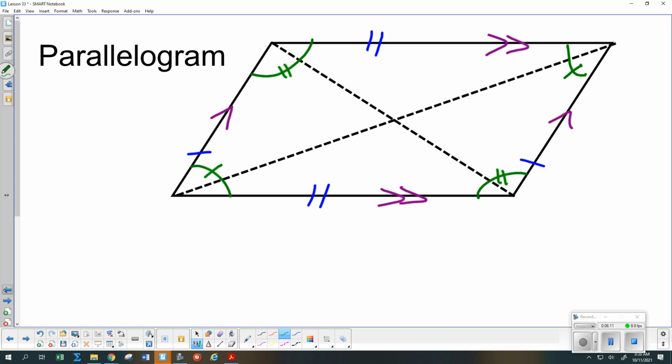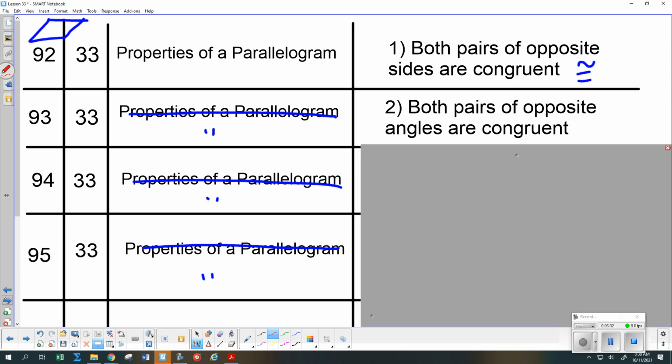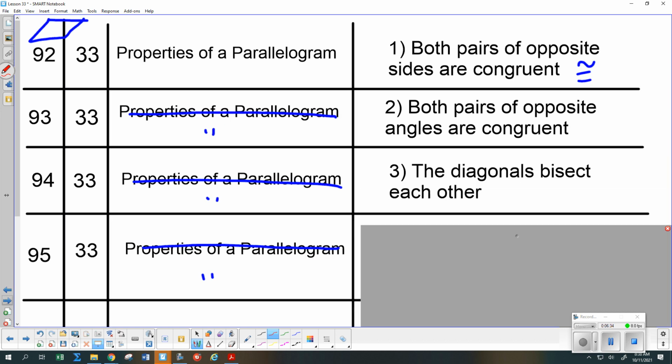They usually are not the same length in a parallelogram. However, they cut each other into equal pieces. So this piece and this piece are congruent. This piece and this piece are going to be congruent. The diagonals cut each other in half. The diagonals bisect each other.